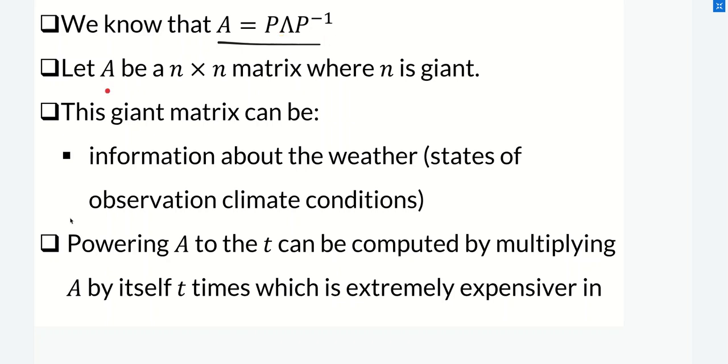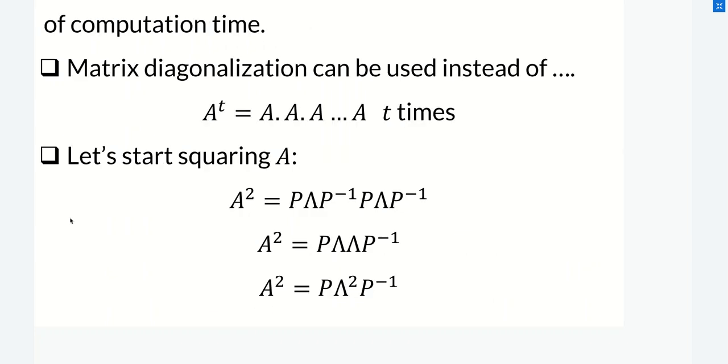So if A is an n by n matrix where n is giant, that means a very large number, it can be 1000, sorry, 100 or even 50. This giant matrix can hold information about whatever application you are dealing with, where you've collected data, and A is a large matrix. How are you going to do that? So if you want to power A to any t, you can multiply A by itself t times, and that is what is seen over here.